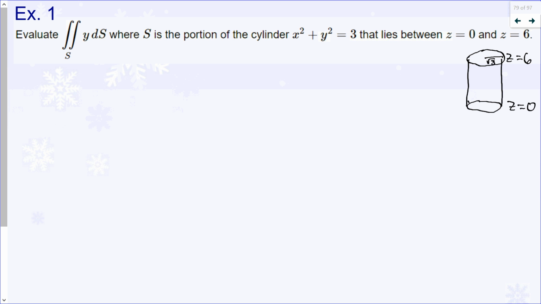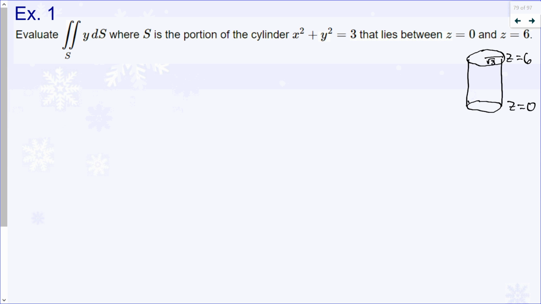So when you think about what your parameters should be, hopefully you're considering polar at this point, since we have a circle, and polar and circles go really well together. And with polar, normally we think of r cosine theta for x and r sine theta for y. However, does r change for this circle? No, it does not.